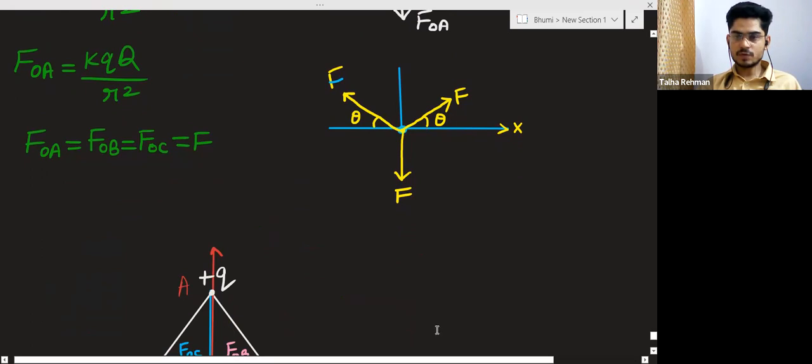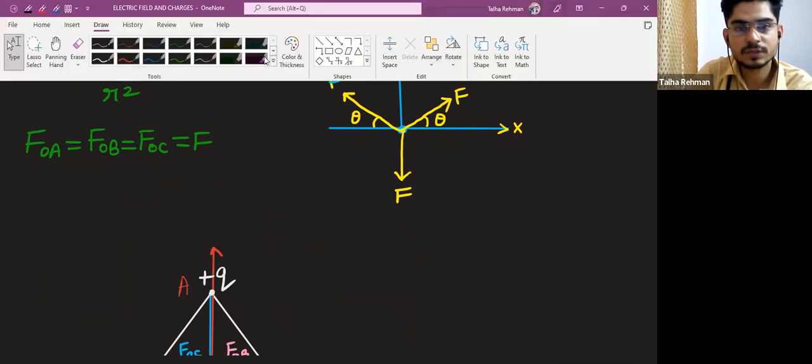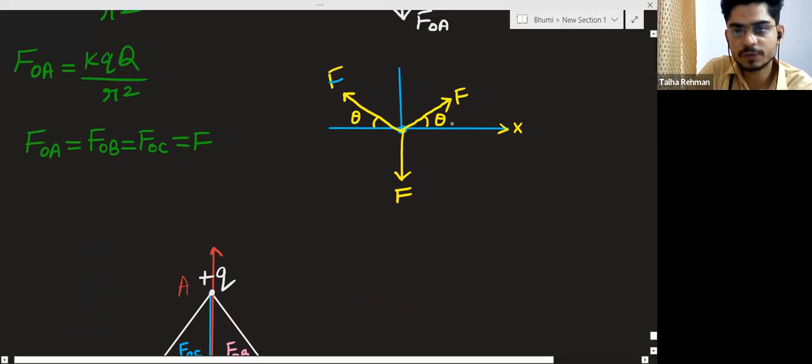Now we will take the components. Component of this force along this axis will become F cos theta, and in this direction it will become F sine theta.